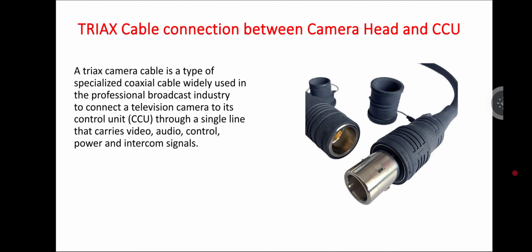So tri cable is a very thick cable, and we can explain that tri camera cable is a type of specialized coaxial cable widely used in the professional broadcast industry to connect a television camera to its camera control unit, CCU, through a single line that carries video, audio, control, power, and intercom signals.